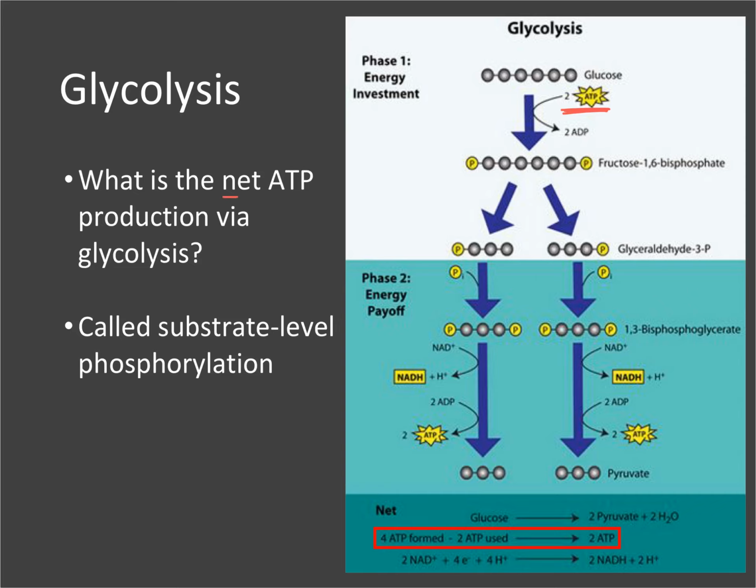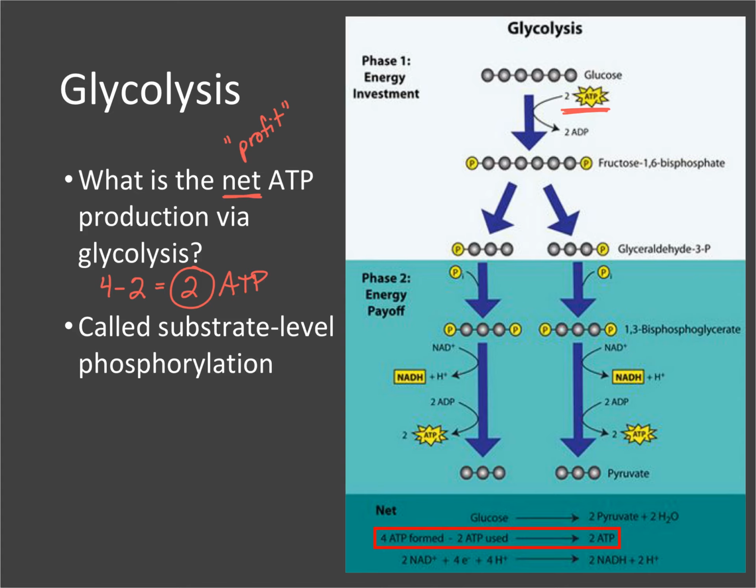So if we look at net ATP production, net means what is the profit? How much did we get after we account for the fact that we had to use 2 ATP to start the process? We make 4 ATP, but we had to use 2 in order to get it started. So ultimately, the process of glycolysis produces 2 ATP molecules.